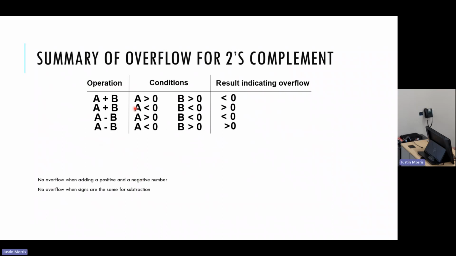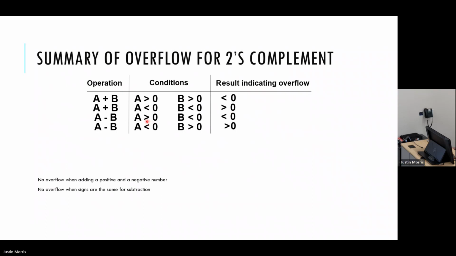So here are our conditions. If we're adding, if A is positive and B is positive, and my result is negative, I have overflow. If I am adding again, and A is negative, B is negative, and the result is positive, then I have overflow.